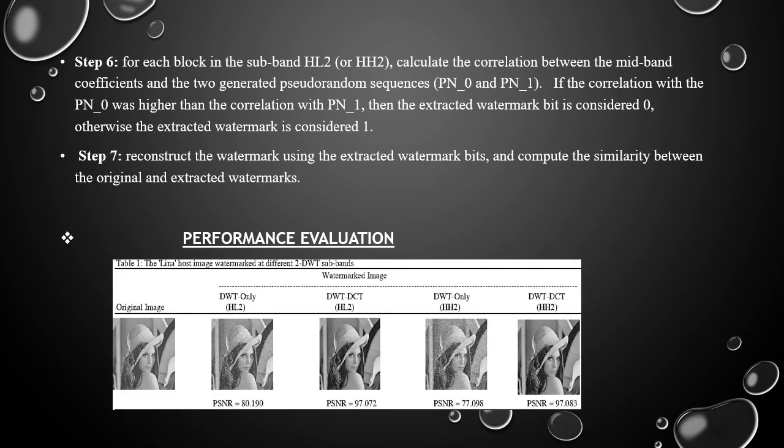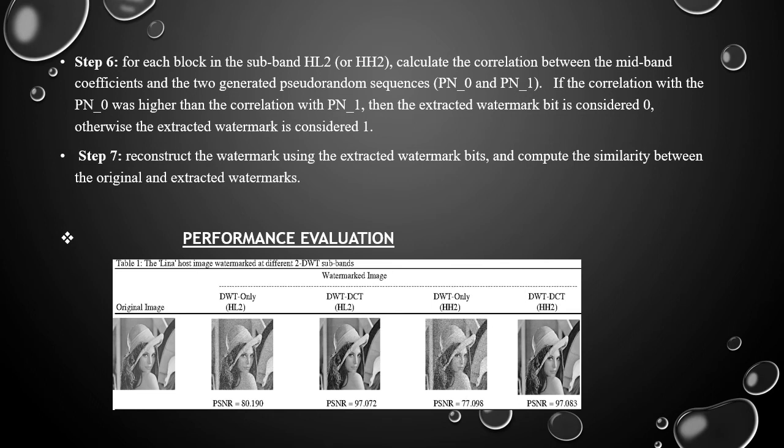In the sixth step, for each block in the subband HL2 or HH2, calculate the correlation between the midband coefficients and the two generated pseudo-random sequences. If the correlation with Pn0 is higher than the correlation with Pn1, then the extracted watermark bit is considered as 0.